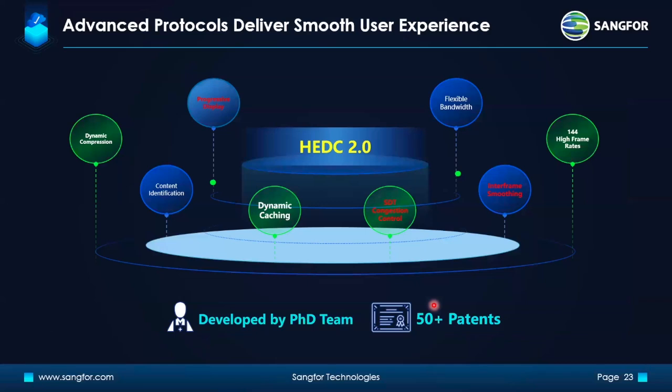Okay, so now we have our own HEDC protocol which improves performance and security. HEDC 2.0 makes Sangfor VDI faster even on a bad network, using dynamic compression, caching, and content awareness. At the same time, it secures everything through encryption. Endpoint data removal and granular policy control, built by our own PhD team with 50 plus patents.